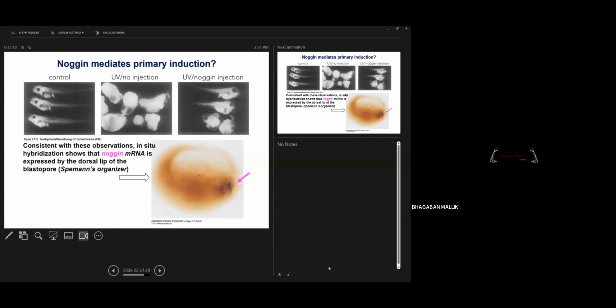Later they identified this by RNA in situ hybridization. They found the noggin mRNA in the dorsal blastopore lip, which is actually inducing formation of the nervous tissue.